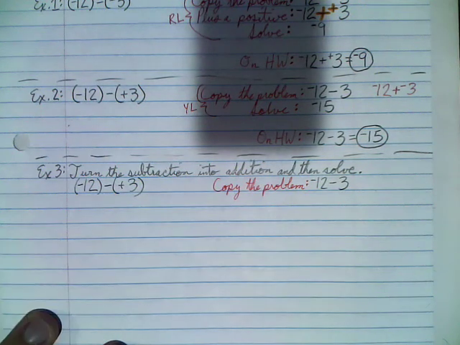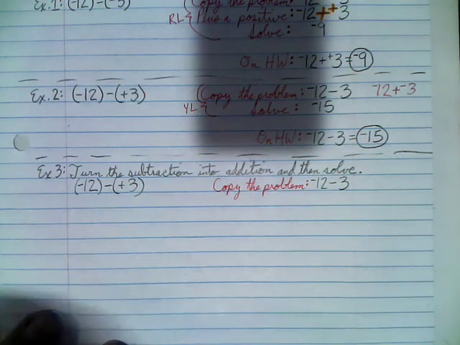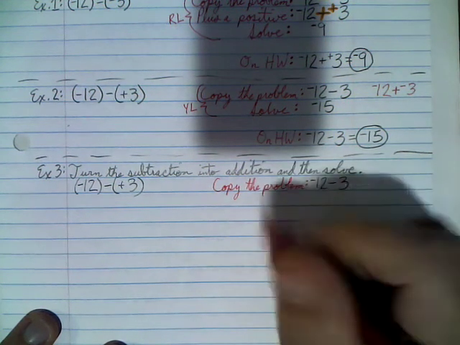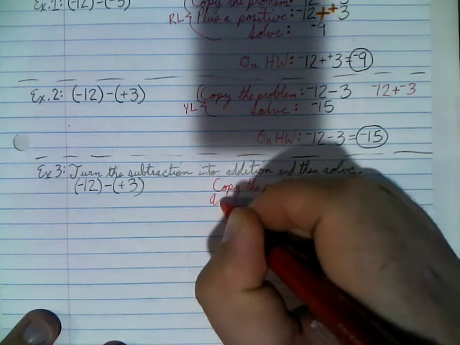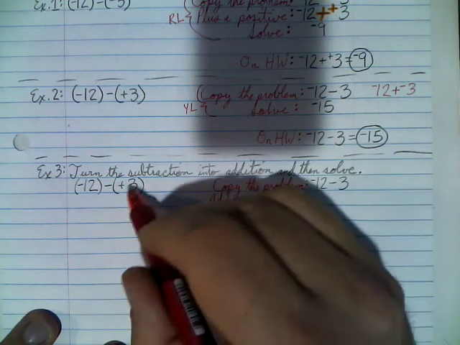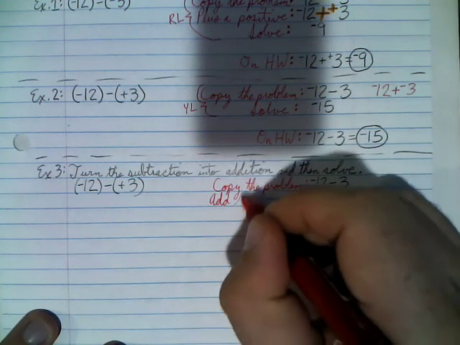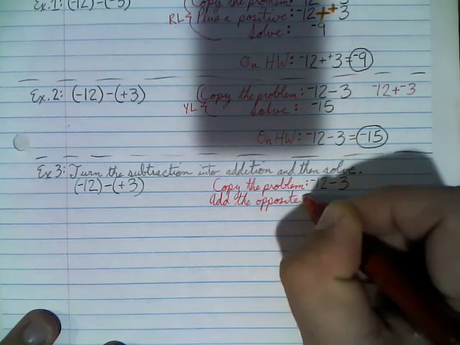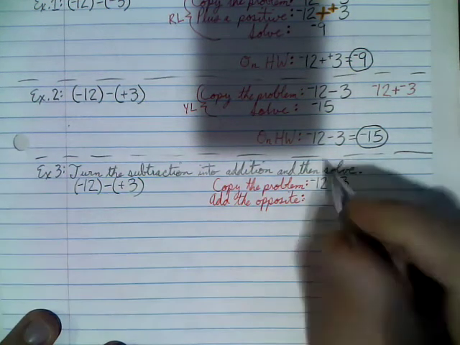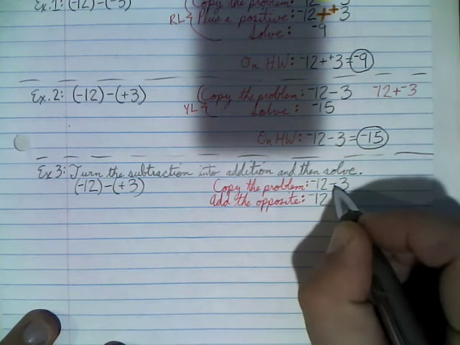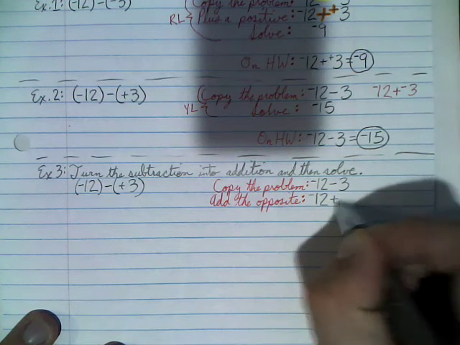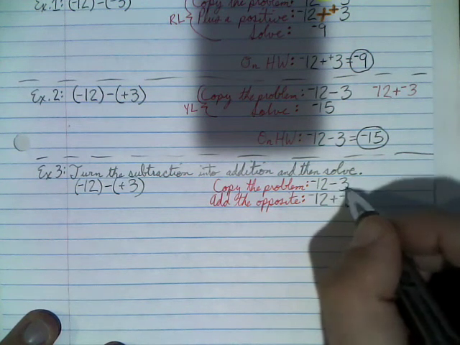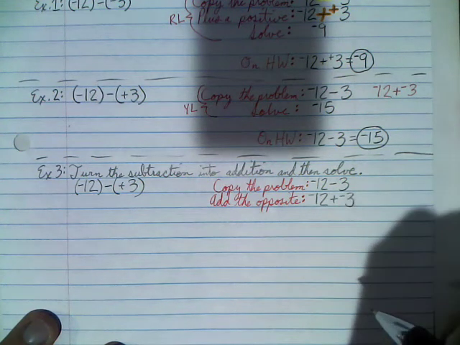But then because we're doing this now, I'm following the directions, I have to add in that extra step. So we're going to change the subtracting a number into add the opposite. So negative 12 will stay the same, but then minus a positive 3 will become plus a negative 3, which again is why we imagine a minus 3 really is a negative 3.